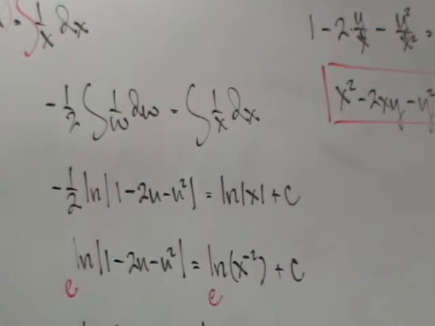So now let's look at number 19. Number 19, separable, homogeneous equation once again.